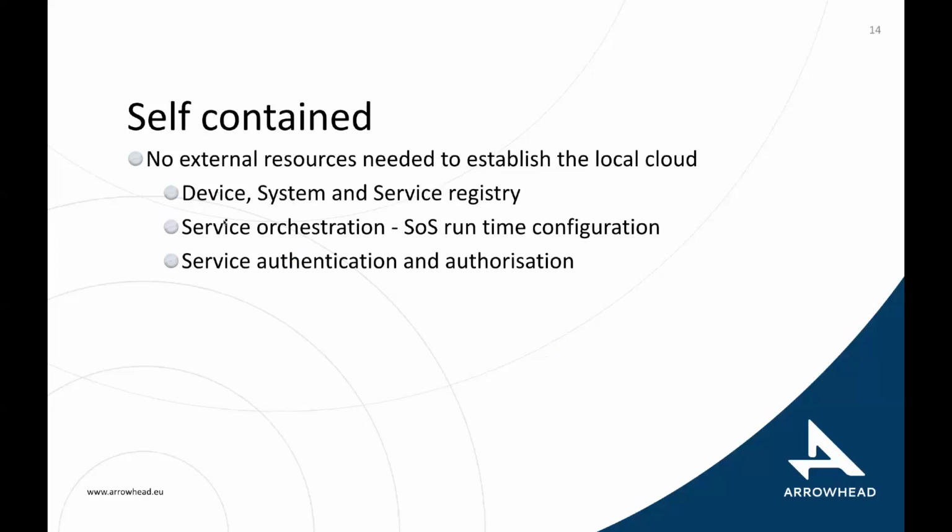We need a way of telling who's going to talk to who, so an orchestration situation, and we need something that is handling authentication and authorization. So this is not very much, but we certainly need this to be able to have the properties we are looking forward to.